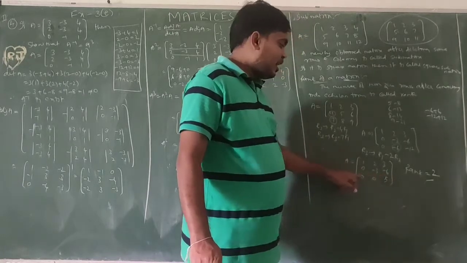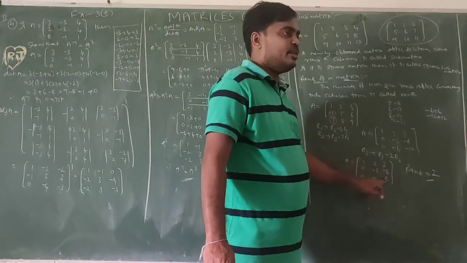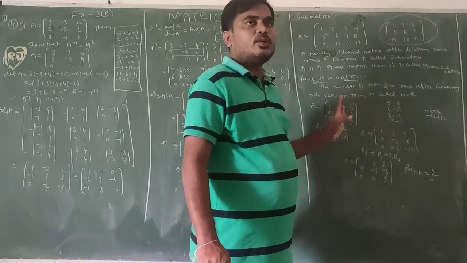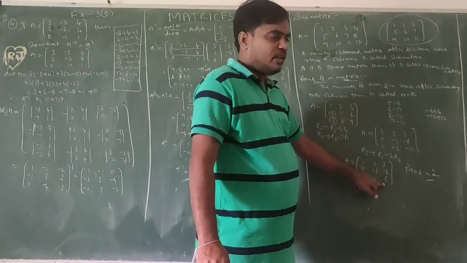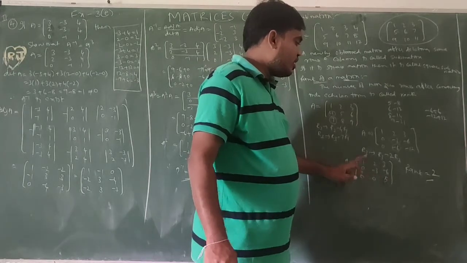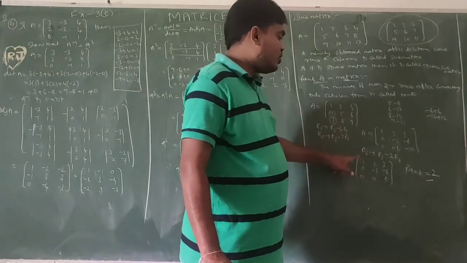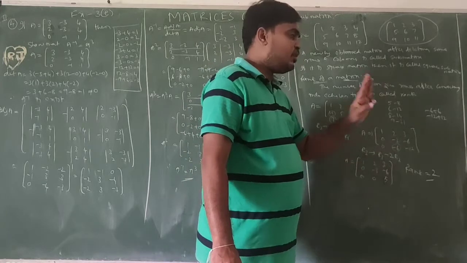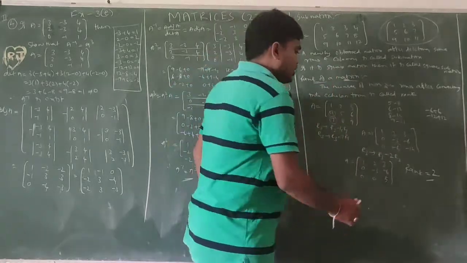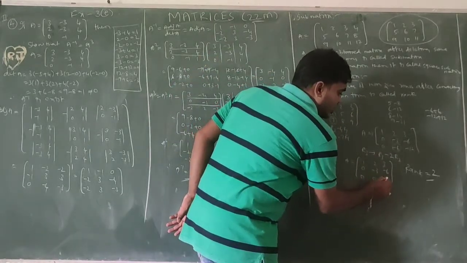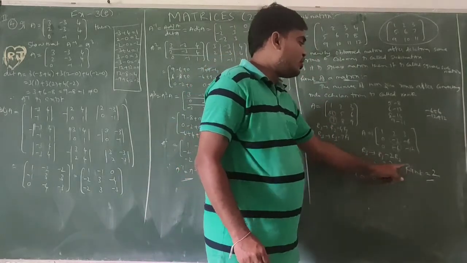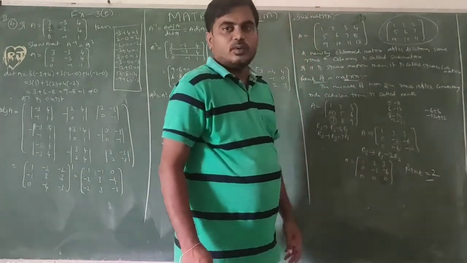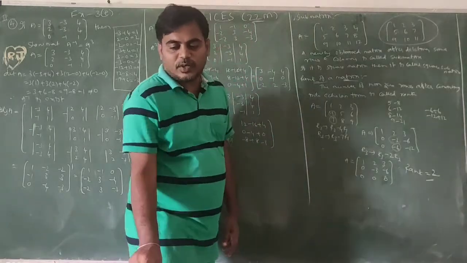Every element is 0 except this element, but it is still a non-zero row. If it is also equal to 0, then it is a zero row. If it is not equal to 0, it is a non-zero row, and then the rank equals 3, with 3 rows. But we got 0, that's why it is a zero row. So non-zero rows equal rank equal to 2. Now we will do the corresponding exercise.